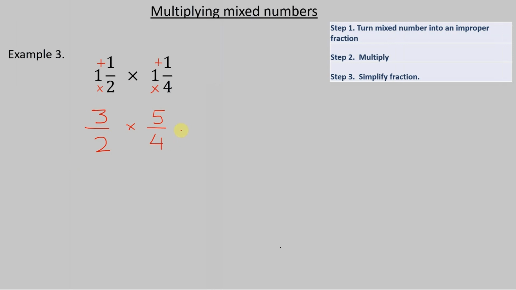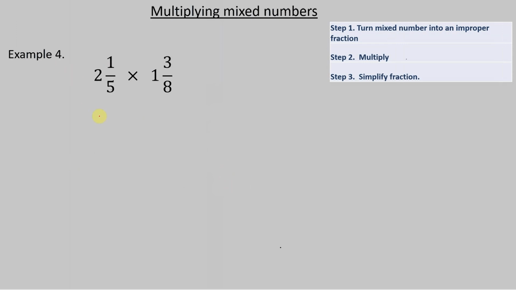Now the next step is to multiply: 3 times 5 to give us 15, and 2 times 4 to give us 8. Step number 3 is to simplify. How many 8s in 15? Goes in 1 time, and it's 7 8ths.